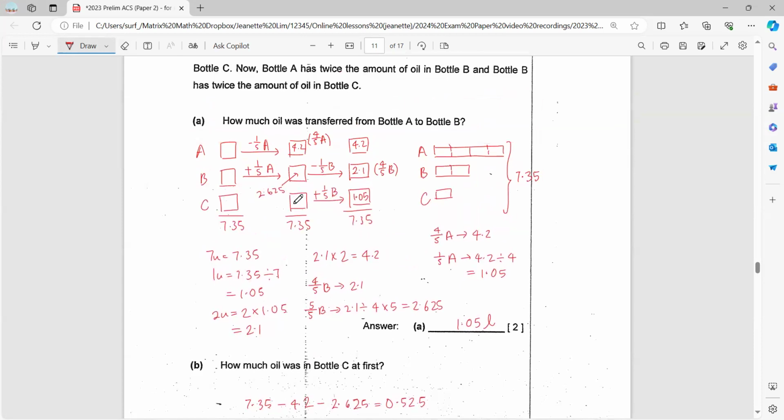Because there's no change over here, C at first is 0.525.